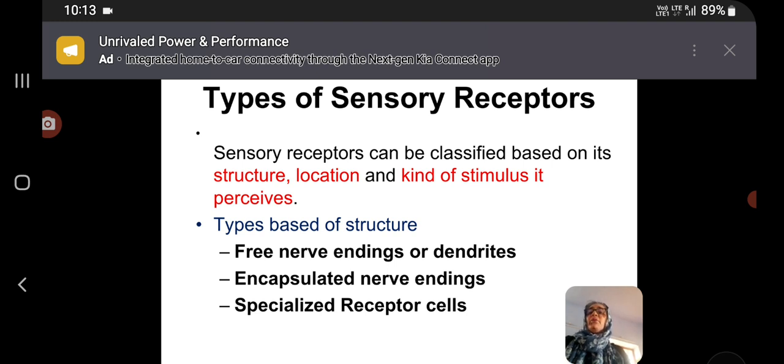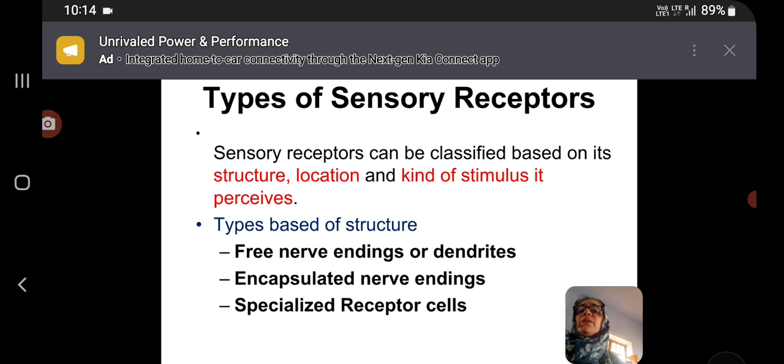They are in the form of 3 structures: either free nerve endings or dendrites of neurons, encapsulated nerve endings, or specialized receptor cells.